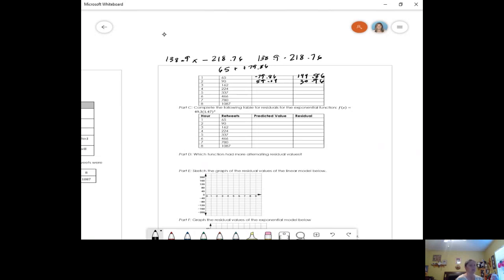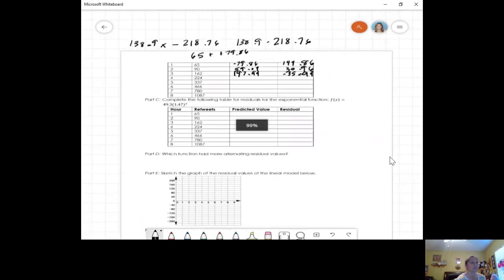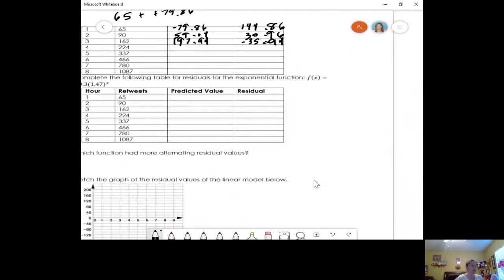Substitute in 3, so we would get 197.94. Subtract it, negative 35.94. Then 4 would give me 336.84, which gives me negative 112.84.